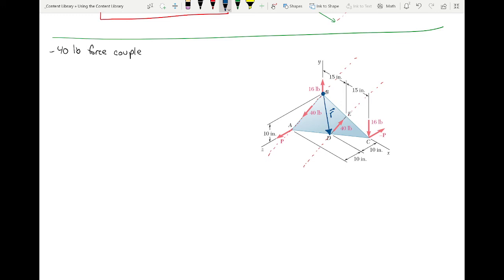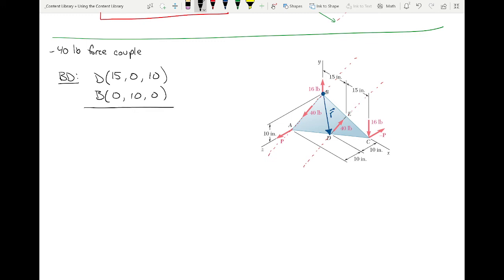I'm going to get you to help me out a little bit on this. For BD, I need the coordinates of D and the coordinates of B, okay? So D was 15, 0, 10, and B is 0, 10, 0.